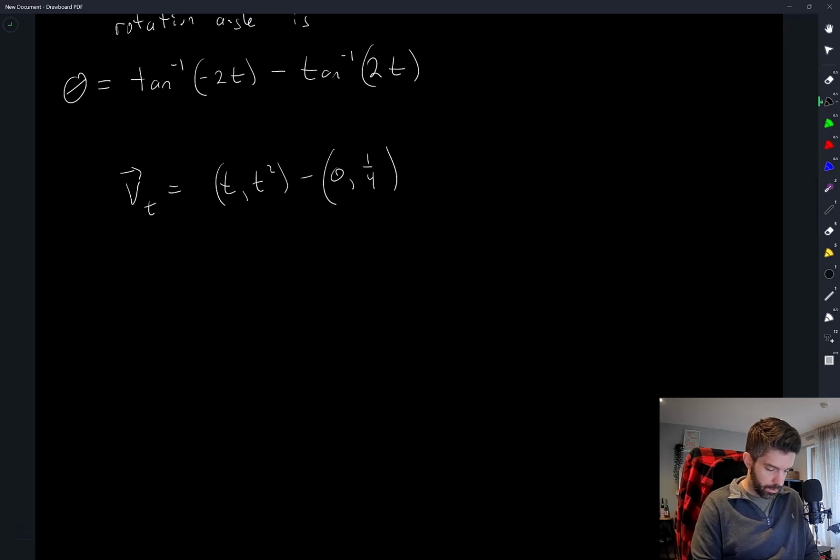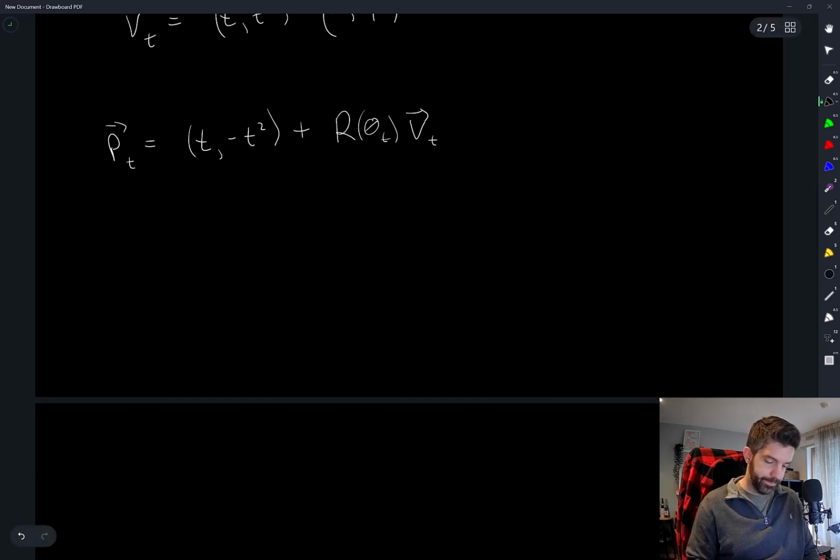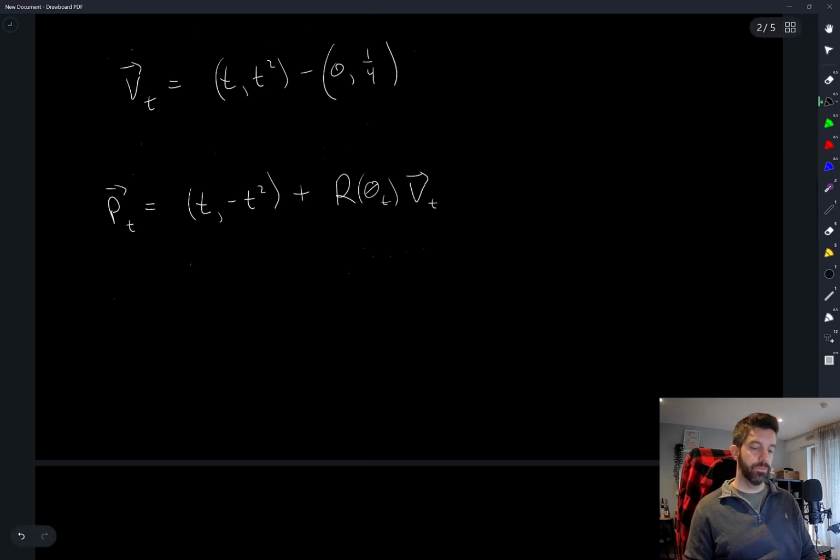The position of the focus is going to be at (t, negative t squared) plus the rotation, theta t, applied to the vector v of t. So we rotate by an angle of theta.